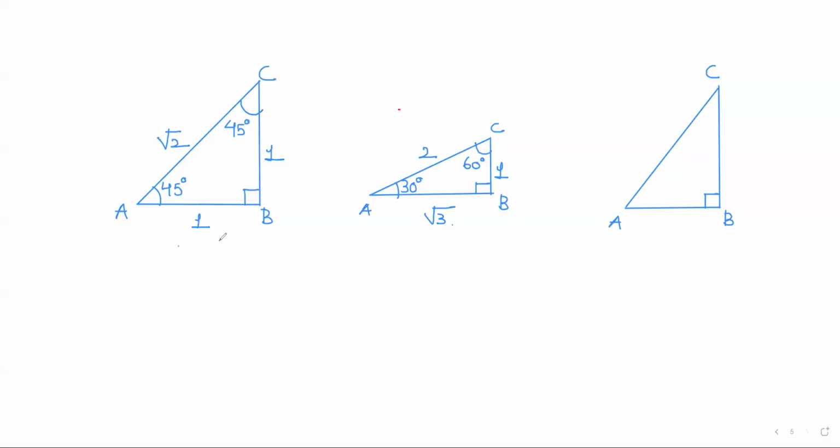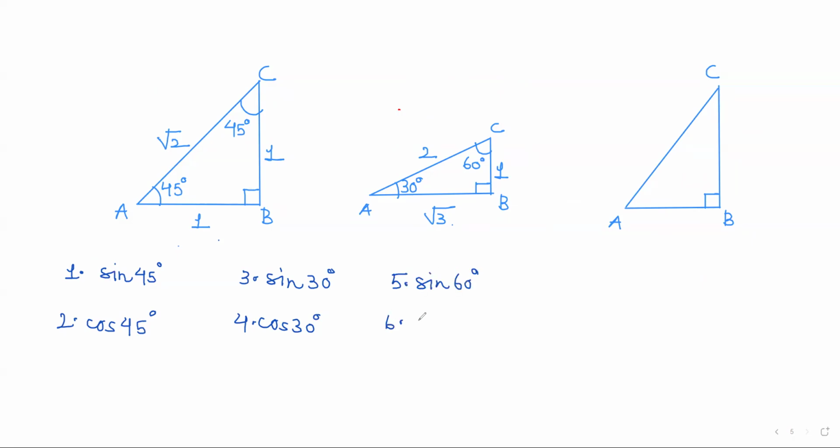Now the questions to all of you, and you have to do this right now: find sine 45 degrees, cos 45 degrees, sine 30 degrees. Give me the answers in the chat. Cos 30 degrees, following the second triangle. Fifth is sine 60 degrees, cos 60 degrees, right?